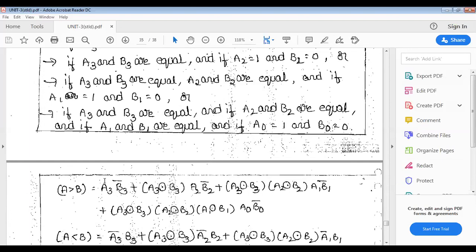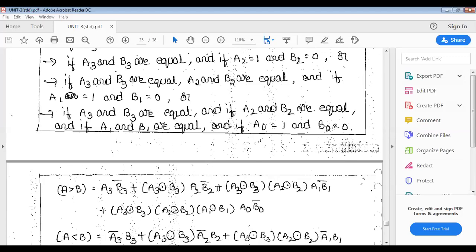See here, A3 uncomplemented means it is greater than. A greater than B is A3 B3 bar plus, if these two are equal, you can write it as an exclusive NOR operation, A3 exclusive NOR B3, then A2 B2 bar, plus.